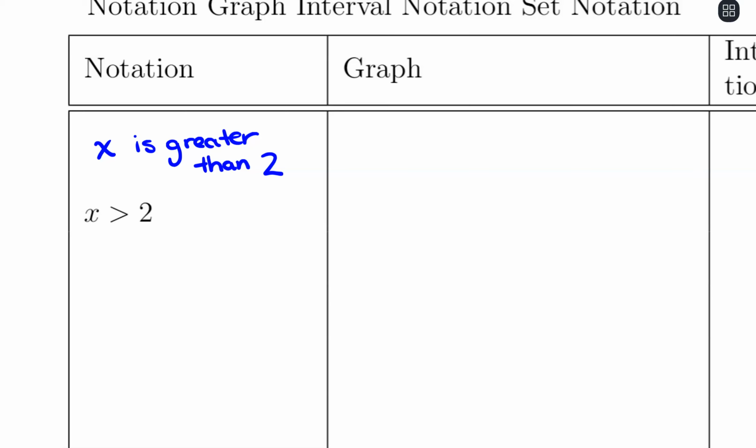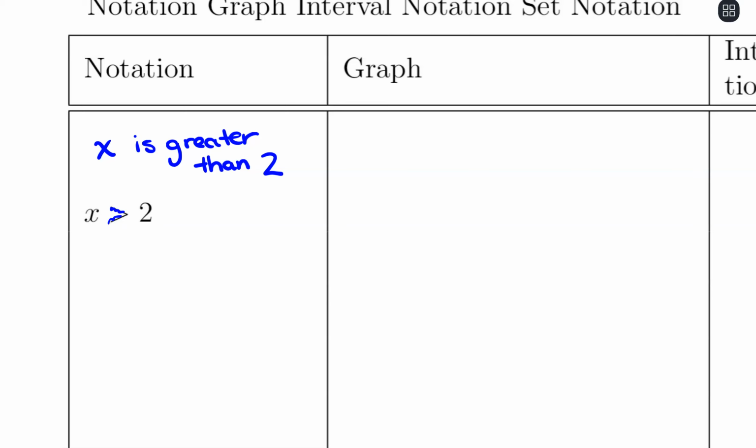So with this one, x is the bigger thing because that alligator mouth, if you imagine little teeth in there, is going towards x, and then the 2 is on the smaller side, so it's like the alligator's facing away from it. So 2 is smaller than x, or x is greater than 2. Those are both definitions here.